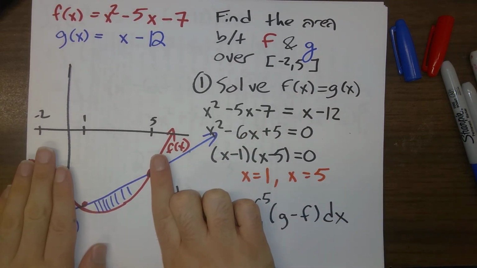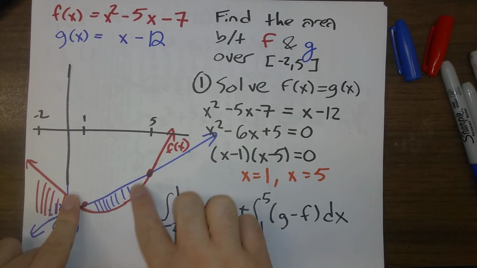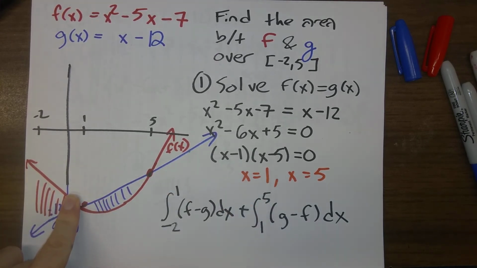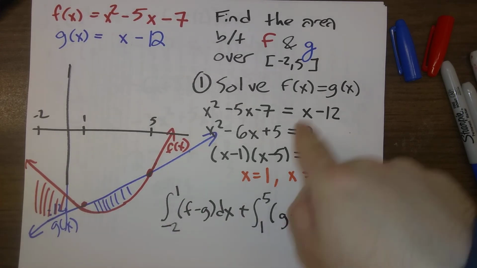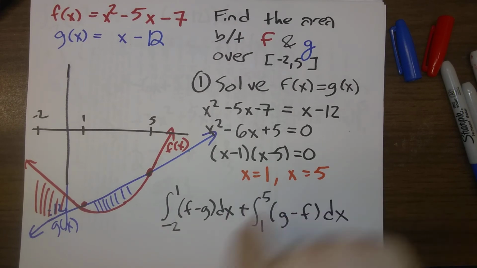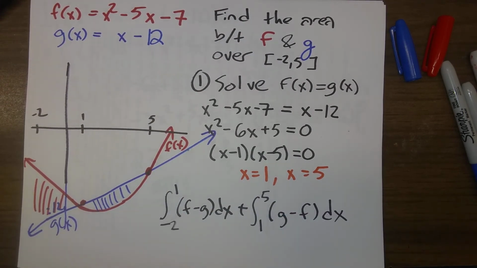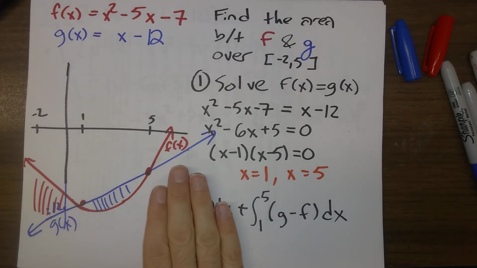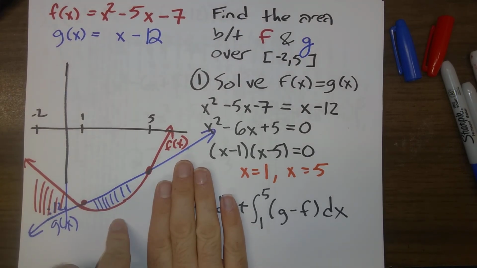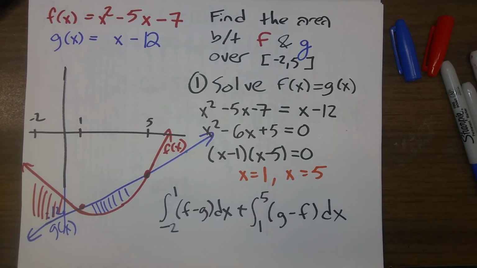The region that's bounded by f and g is just this region here. You would just have to solve f of x equal g of x to find that they intersect at 1 and 5. And then just do the integral of g of x minus f of x between 1 and 5. And so that's a very similar type of problem.